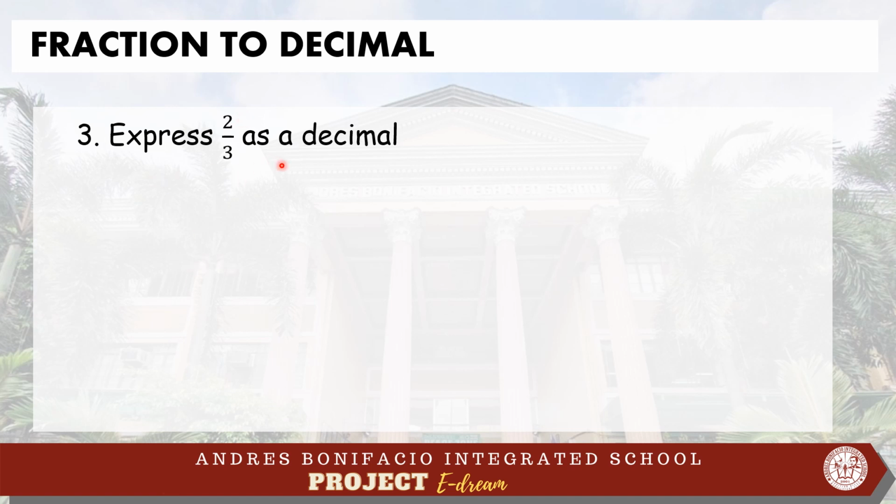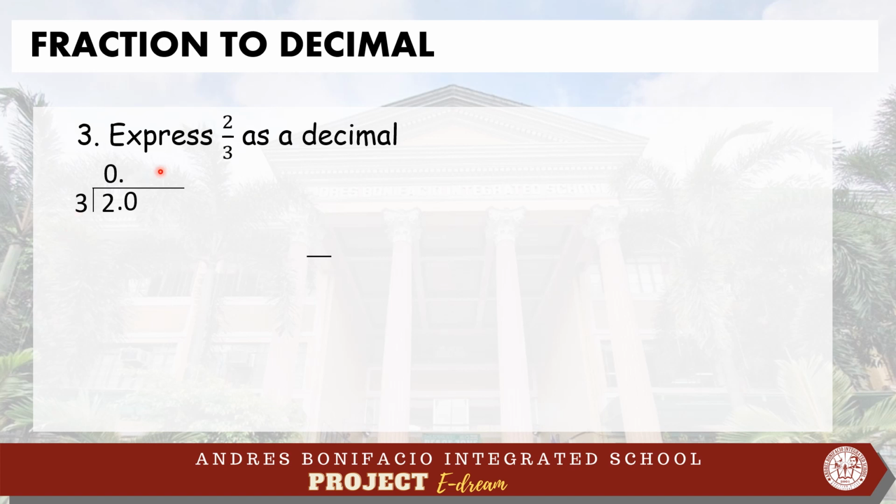Okay, we have our example number 3. Express 2/3 as a decimal. So again, by using long division, we are going to divide 2 by 3. So we have 2 divided by 3. So 2 divided by 3 cannot be. So we have to add 0. Then mag-add tayo dito ng 0 and decimal point. So we have now 20 divided by 3.